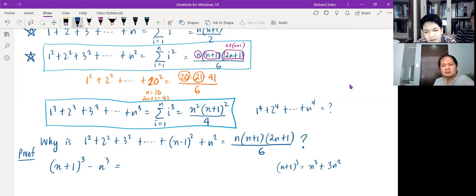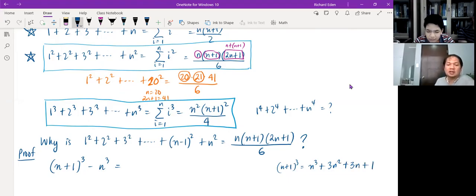A squared B is 3n squared plus 3ab squared, which is 3n plus 1. So, that's correct. So n plus 1 cubed minus n cubed is going to be 3n squared plus 3n plus 1. All right.